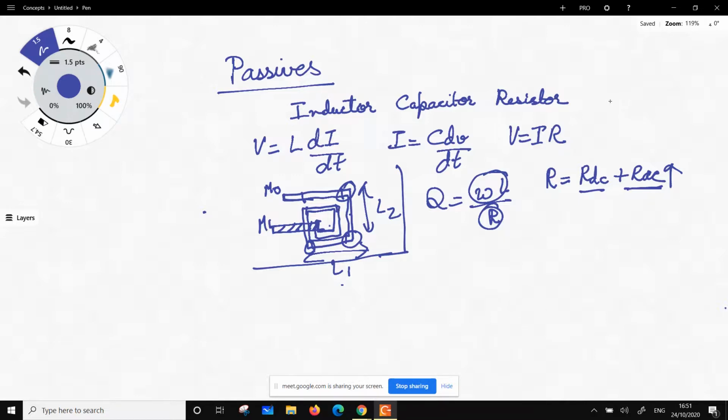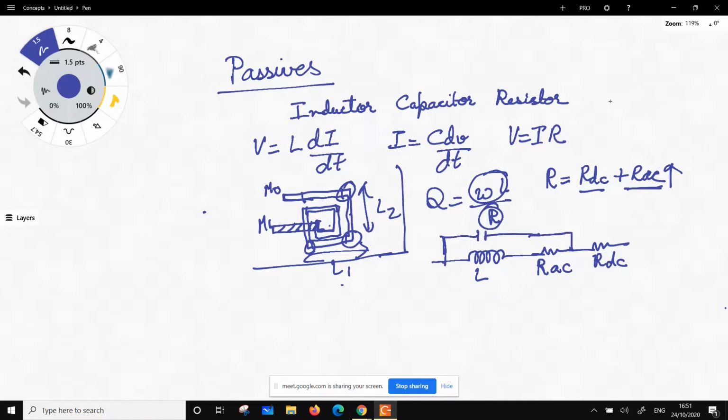Second thing is that an inductor doesn't come just like that. It has got two components, which is RAC and RDC. So let's say that this is RDC, this is RAC, right? And then it comes with something like this.